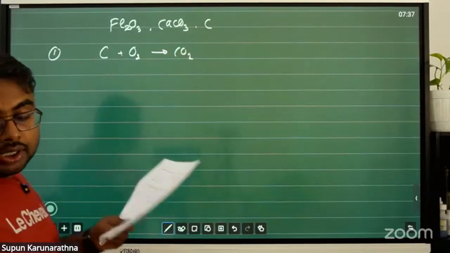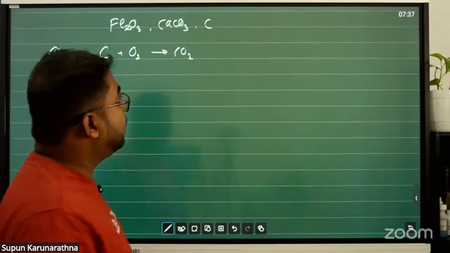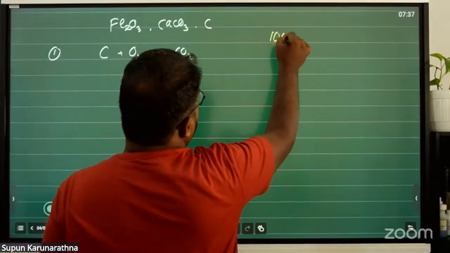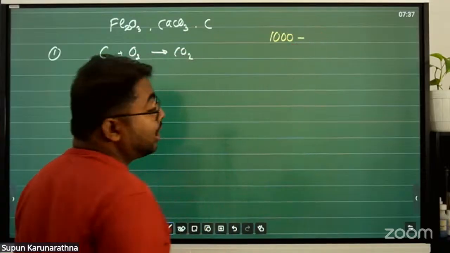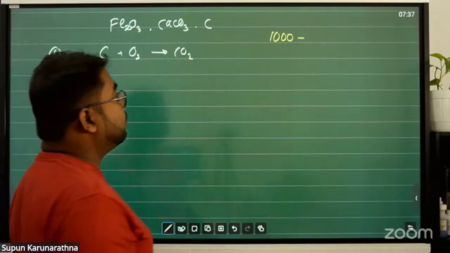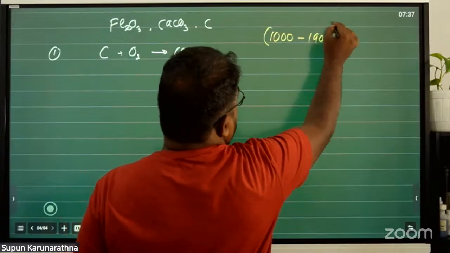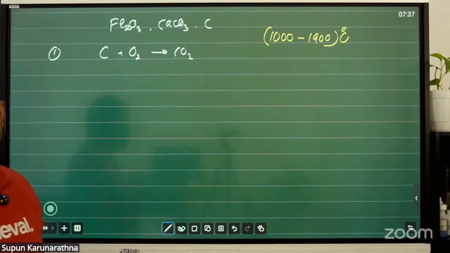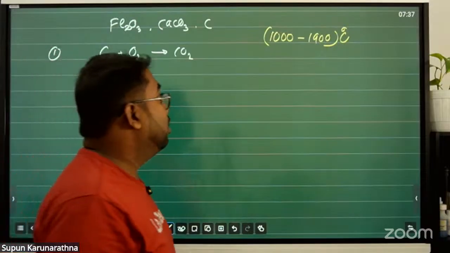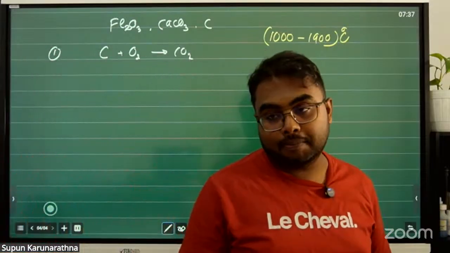To do this reaction we have to maintain the temperature at about 1000 to 1900 degrees Celsius inside the blast furnace. It's a very high temperature.